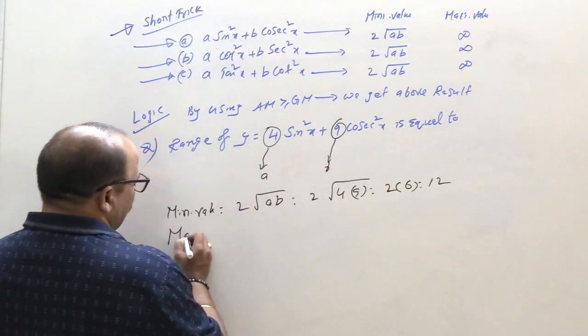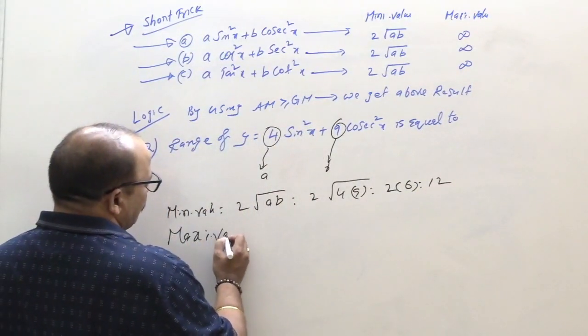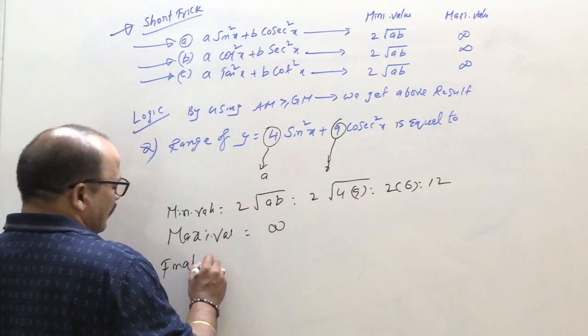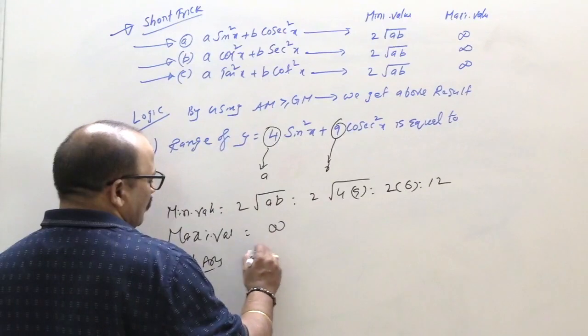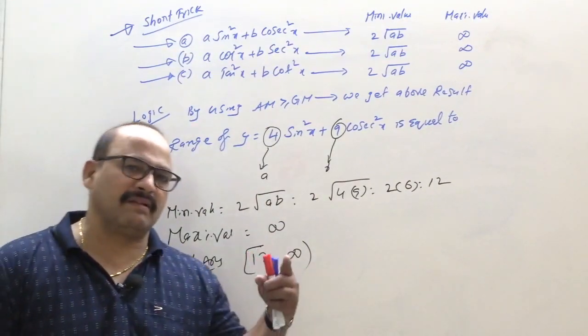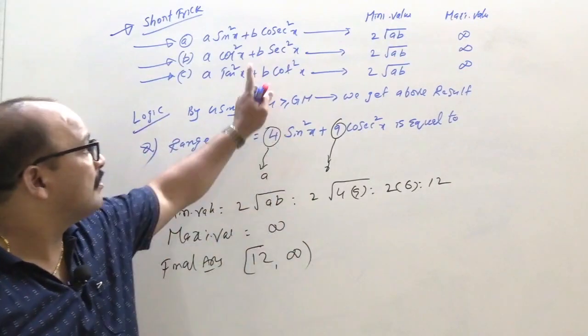So the maximum value is infinity. So final answer, students: 12 closed interval, infinity is always open interval. Infinity is not a number, it is an open interval forever in your life. This is the maximum and minimum.